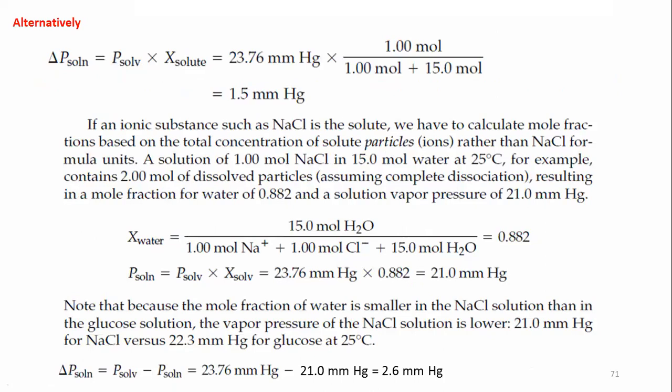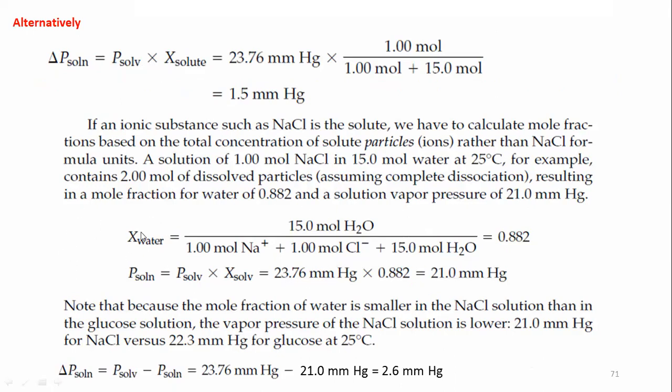So let's see what would happen if you add 1 mole of sodium chloride into 15 moles of the water. I am just replacing the glucose with the sodium chloride, having the same number of moles. Then look at the value, what is going to happen over here.